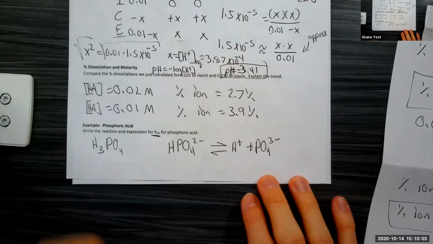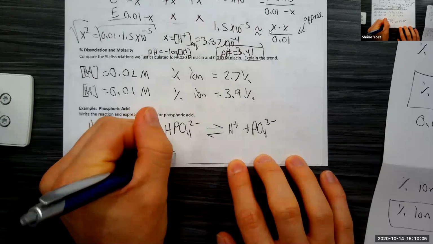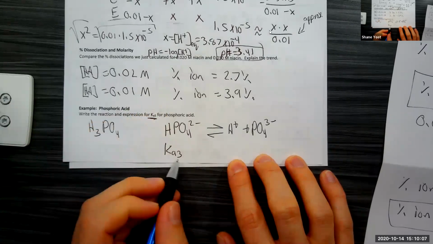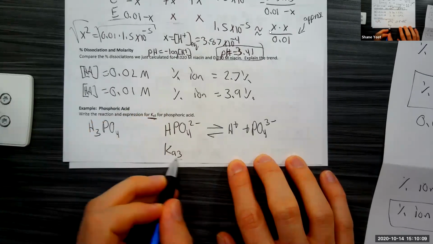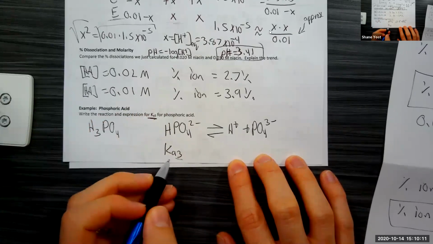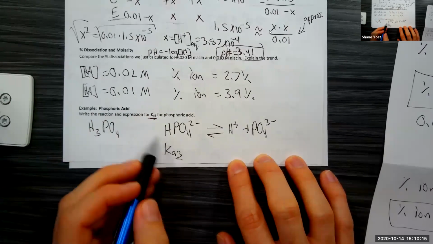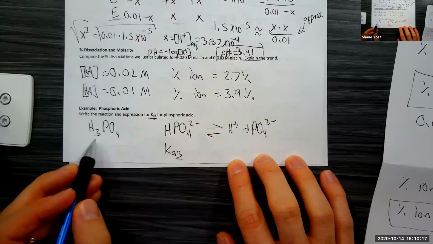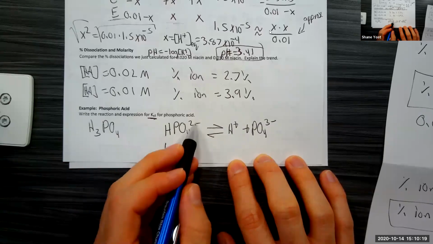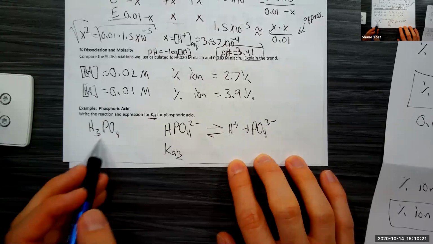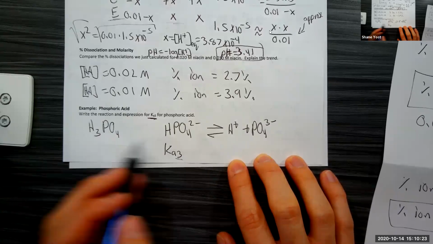The equilibrium constant for this reaction is Ka3, because the 3 is telling me I'm looking at the donation of the third proton. I already donated 2 protons. Compare H3PO4 to HPO4 2 minus, and we see that I've lost 2 hydrogen atoms.